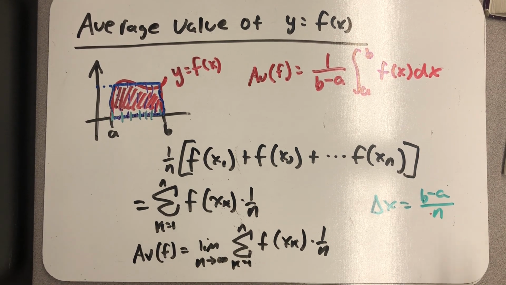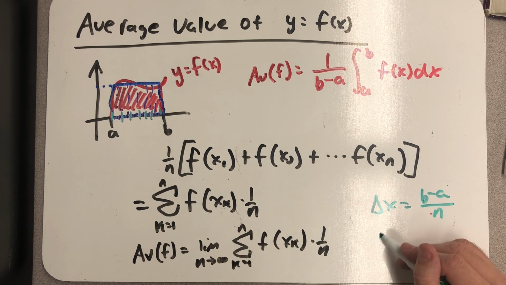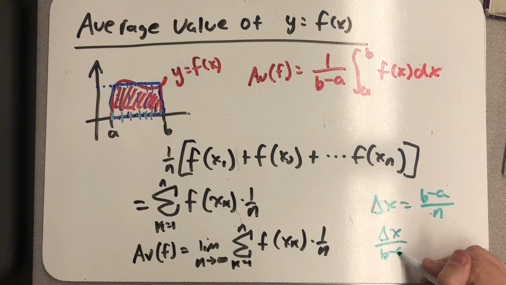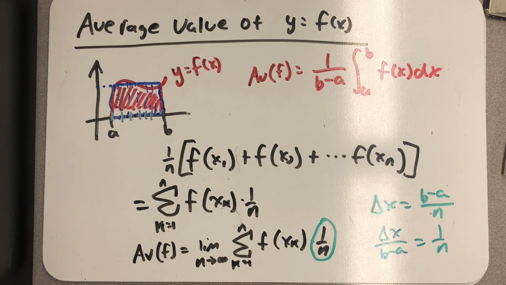Okay, so delta x equals b minus a over n. Well, if I divide everything by b minus a, that means delta x divided by b minus a is 1 over n. So that's going to let me sneak a delta x in here by thinking of that 1 over n as delta x over b minus a. That lets me write down the equation.